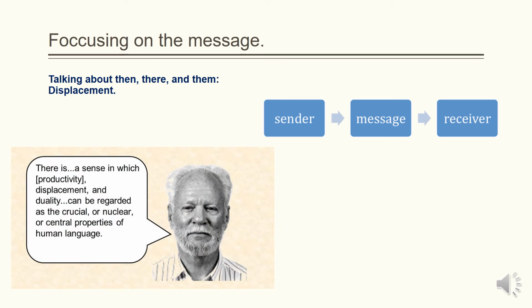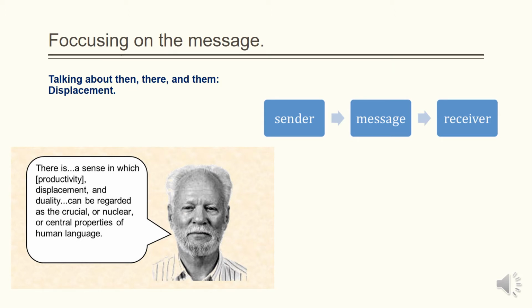Here we have a Hockett quotation. This is the feature of displacement. We have already dealt with this also. And here we have Hockett saying that there is a sense in which productivity, displacement, and duality can be regarded as the crucial or nuclear central properties of human language. Why is that? What is displacement?